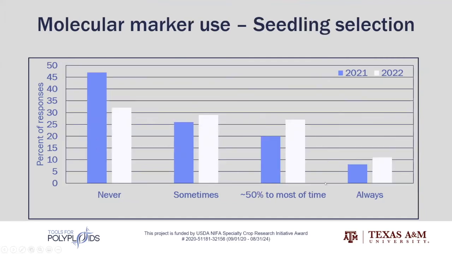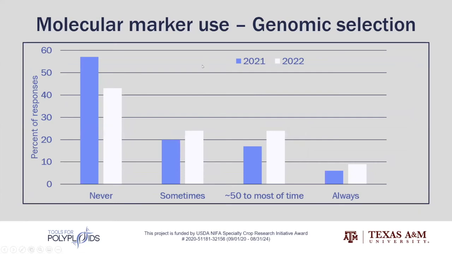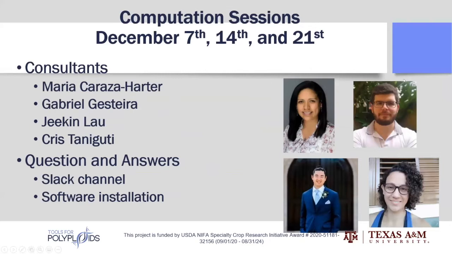If you look at it for seedling selection, again, increase on sometimes, most of the time, and always, and of course a big decrease in never. And so we are making progress. Here in genomic selection, we're seeing the same trend. So for all three uses, and I dare say there's other uses as well, we're getting an increase in use of genomic resources and genomics assisted breeding. And so that's where we've been aiming towards.